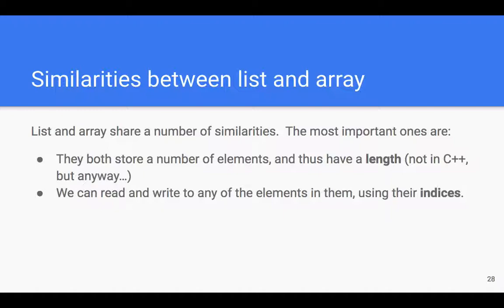The important thing is whether it's a list or an array, you should always know how many elements are in it. And the second thing is that in both of them, you can read and write to any of the elements using their index. And again, the index starts at 0, and ends at length minus 1. So those are the most important features that either a list or an array offers.